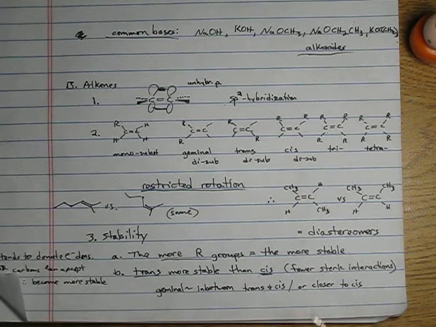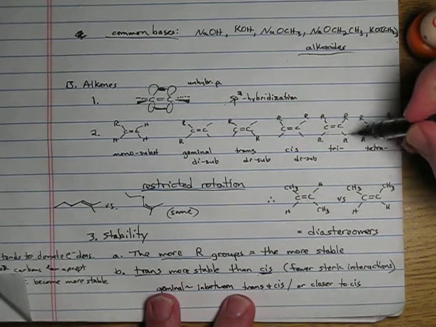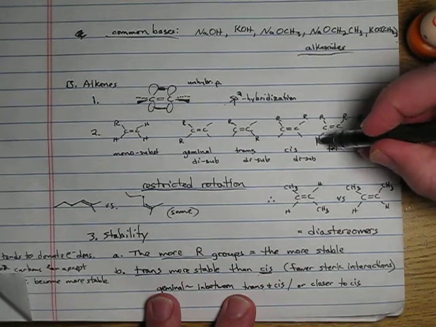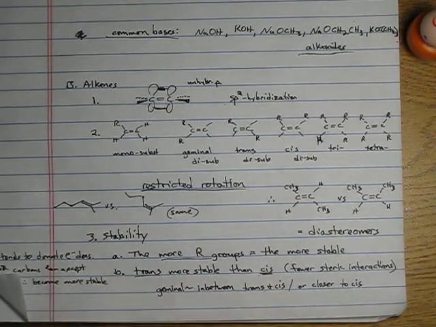If we had three R groups on here and one hydrogen, that's a tri-substituted double bond, and four R groups is a tetrasubstituted double bond, and tetrasubstituted is the most stable of these.